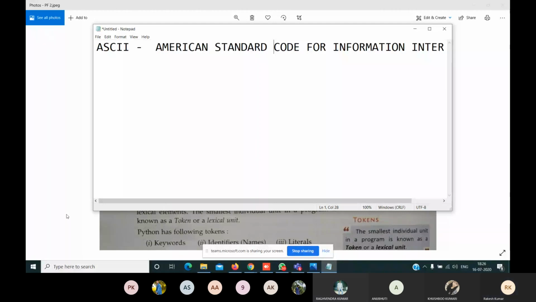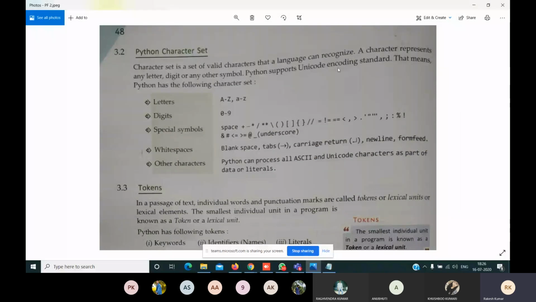So today we use the Unicode standards, like Java and Python, which support the Unicode standards. After ASCII came ISCII, the Indian standard, then Unicode, which means universal code.